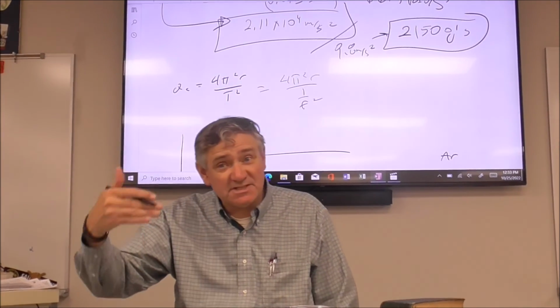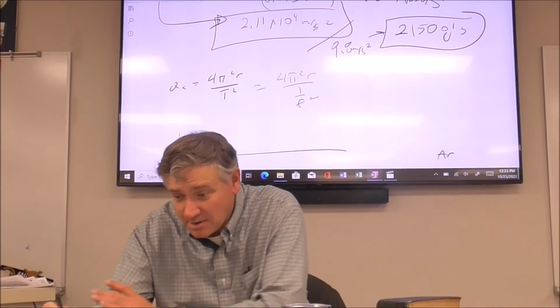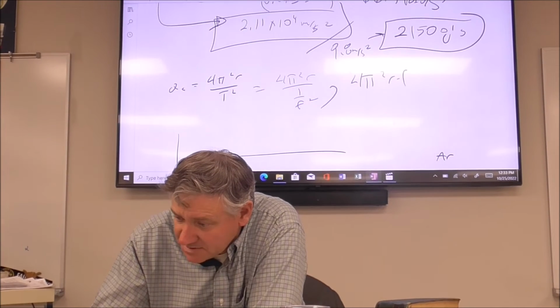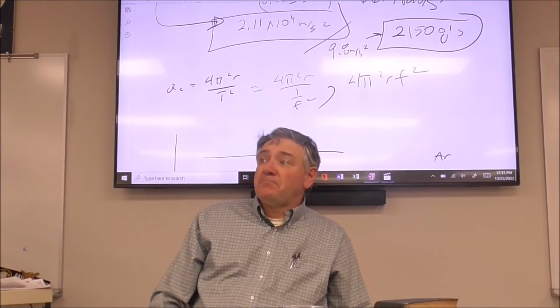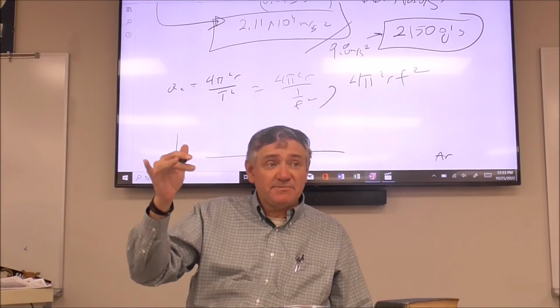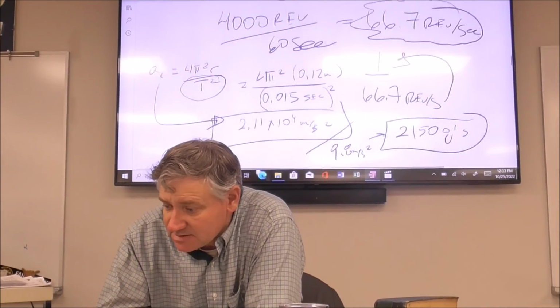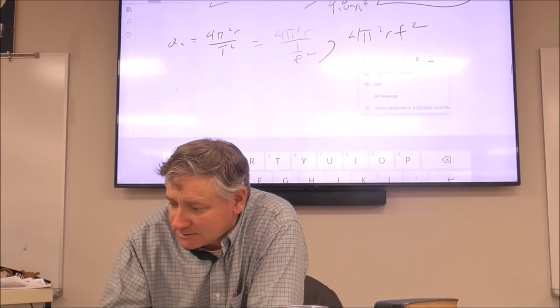But then we have frequency in the denominator, so what could we do? We could move that up here and write 4 pi squared r times frequency squared. But it still has to be in revolutions per second.